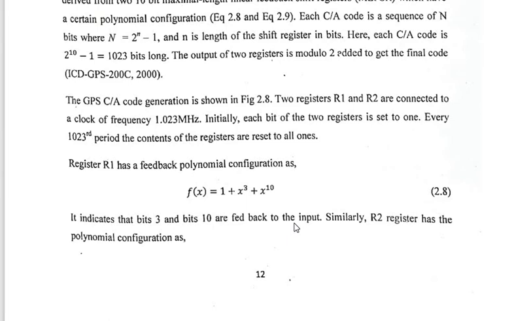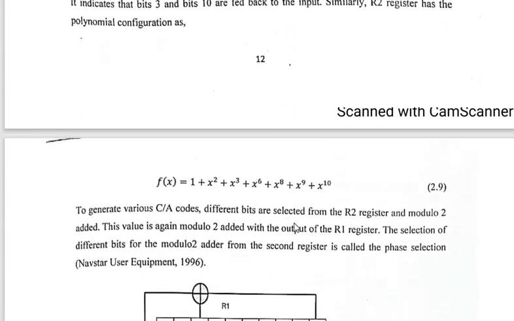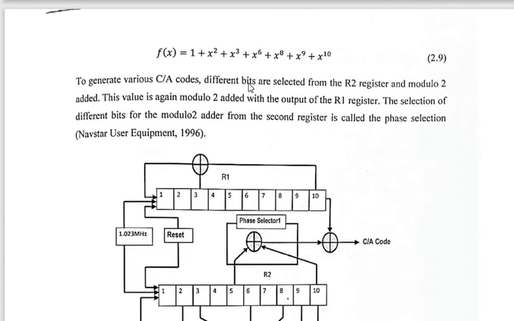Similarly, the R2 register has a polynomial configuration given as f(x) = 1 + x^2 + x^3 + x^6 + x^8 + x^9 + x^10. So this is your R2 register polynomial equation.